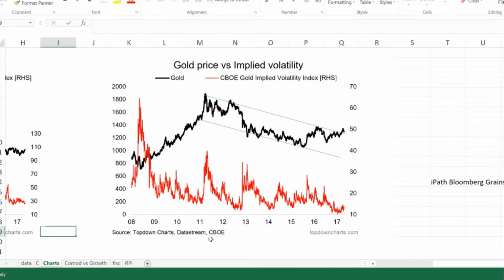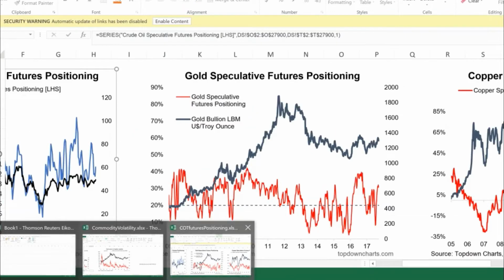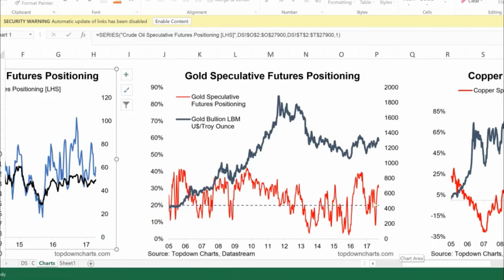And also just briefly onto the futures positioning, it's basically stretched at those levels to the long side. So we did see a little bit of a pullback.